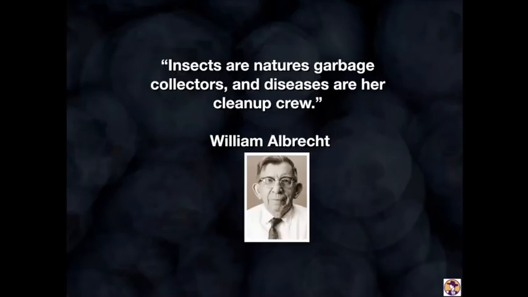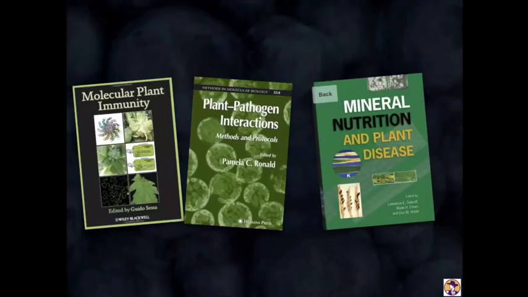They are here to take the unhealthy plants out of the system, and these pathogens only show up when we have plants that are stressed and that have severe nutritional imbalances. When we correct these nutritional imbalances, we can actually prevent disease and insect infestations. And this is something we've been very successful at, and I want to describe on a very high level some of the thinking and the thought processes that we use.